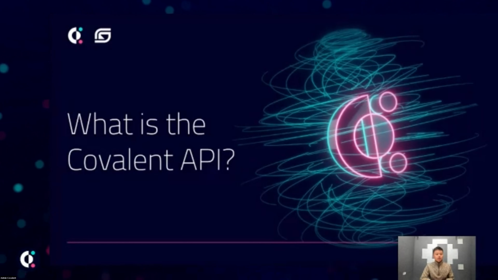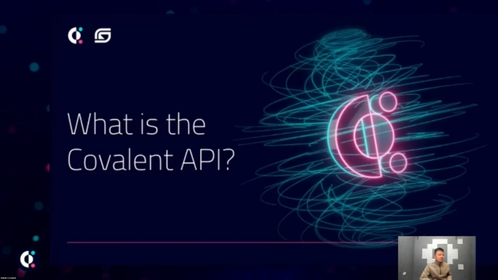Where Covalent comes in is just in terms of time savings for you to get more aggregated data. If you used those providers before, you will realize very quickly that in order to build a simple dashboard for the likes of a protocol like info.uniswap.com, the steps that it takes to get all the data points are prohibitively difficult or just so tedious, right?